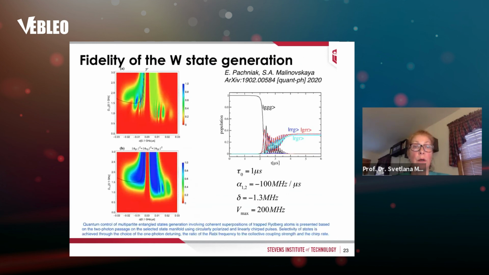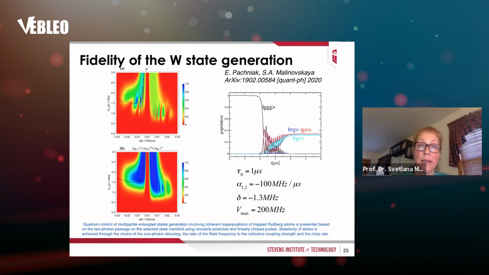So we also generated the W state, and the mechanism for the generation of the W state is inherently non-adiabatic due to the properties of the W state and the required states selected from the total manifold of the many-body states.